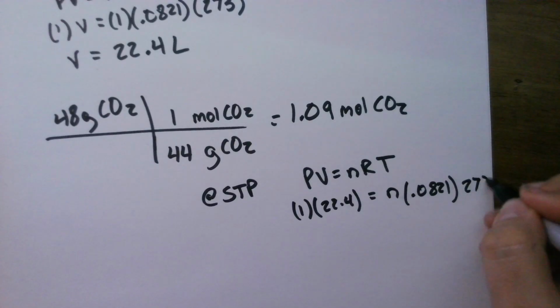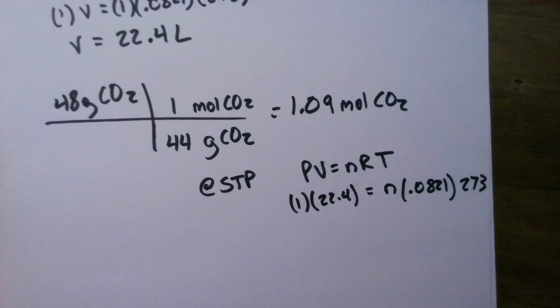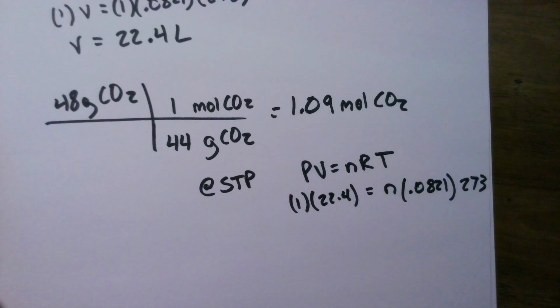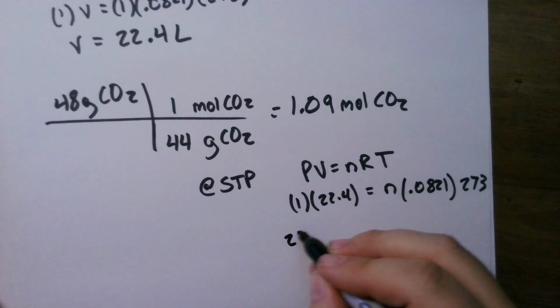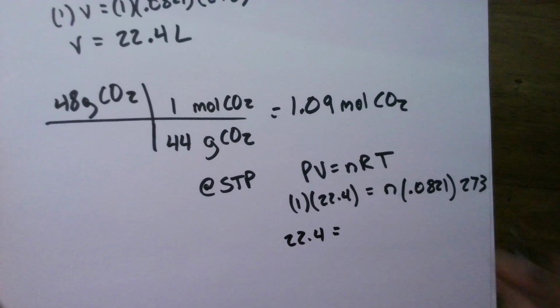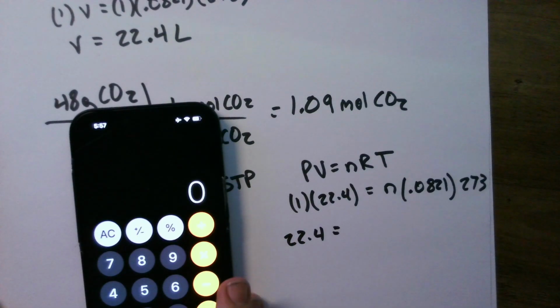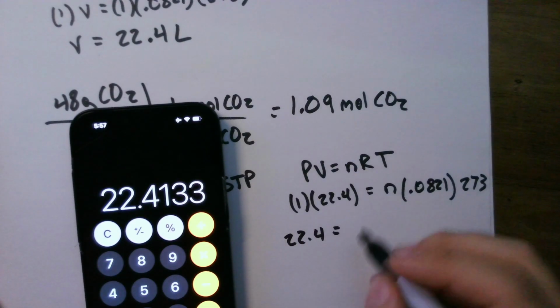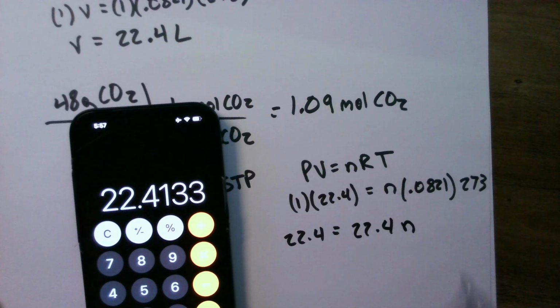And 273 is my temperature. This will tell me how many moles I should have at standard pressure and temperature, and it should match up here. So I get 22.4 equals 0.0821 times 273 times N.